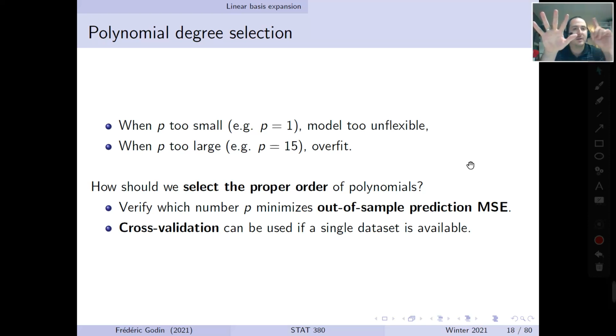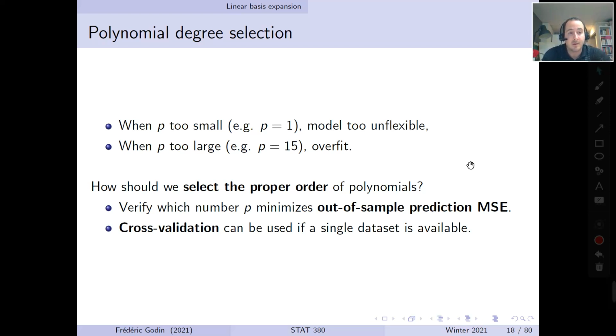So f, our prediction function, is indeed characterized by the beta hats. So we find beta hats from the training data, make predictions for the validation set, and then calculate the out of sample prediction mean square error, which contains the average prediction errors made on the validation set.